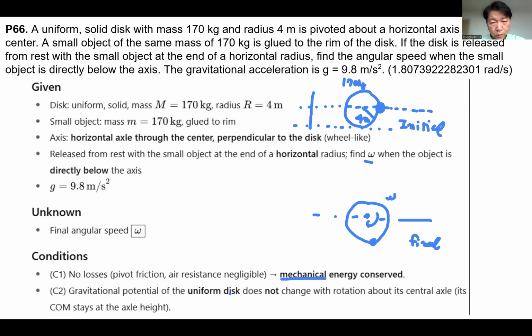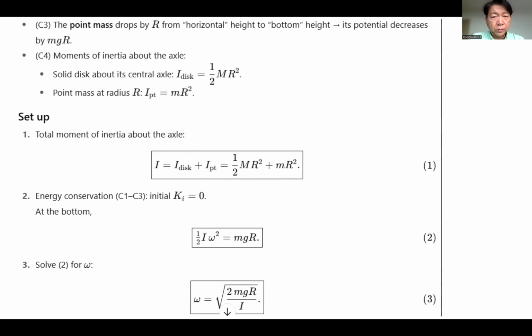So the gravitational potential, for instance mgh, would not change. So what we have to think about is that something is rotating, and then we have to think about the conservation of energy.